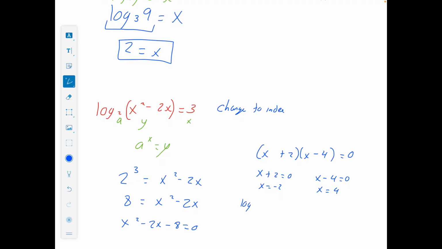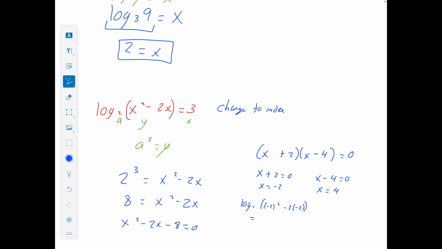Now with logs, sometimes it's worth checking if your solutions work. So I'm going to sub in both those answers. Log to base 2 of minus 2 squared minus 2 by minus 2. I'm just going to pop that into my calculator.